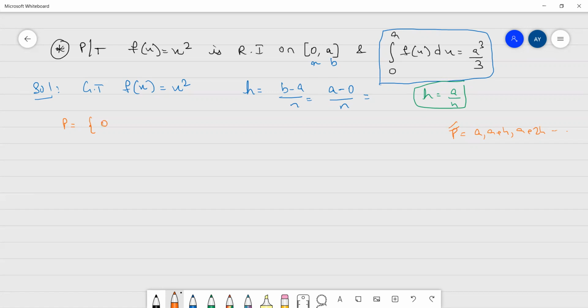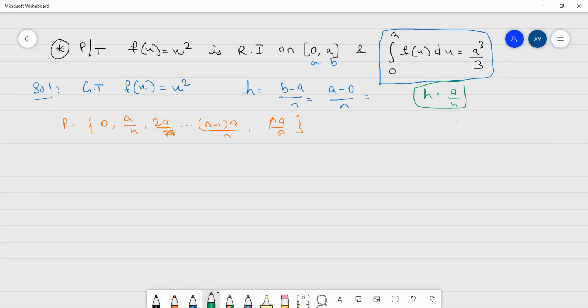You'll have 0, a by n, 2a by n and so on up to n minus 1 into a by n, and then n into a by n. So n gets cancelled, and you'll have a. This is the partition that we got.